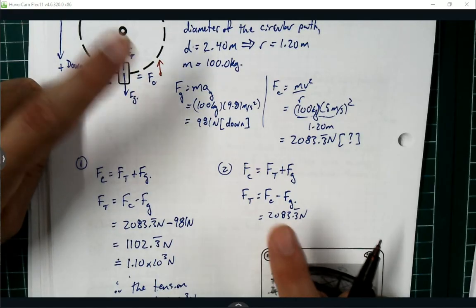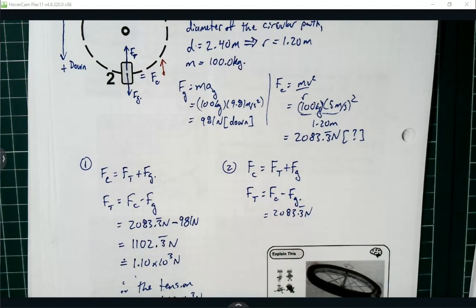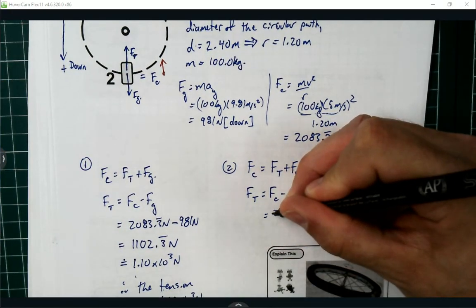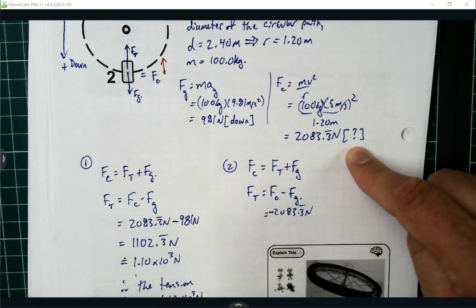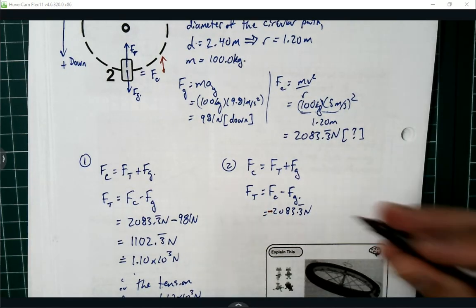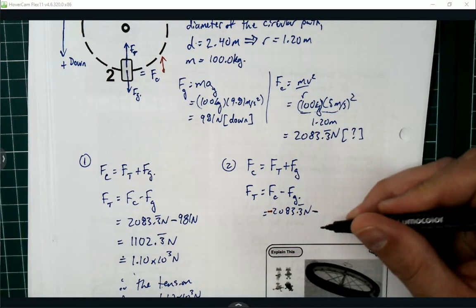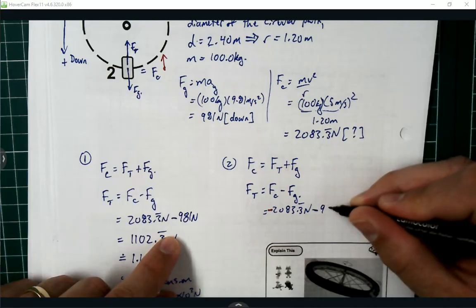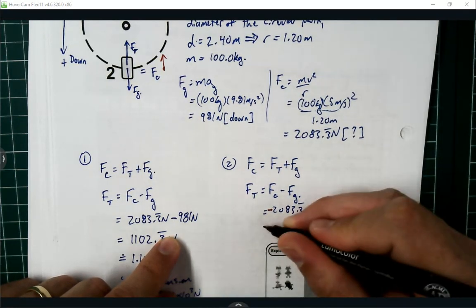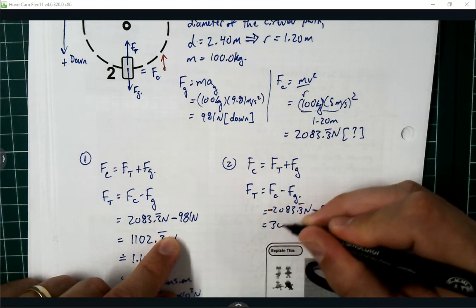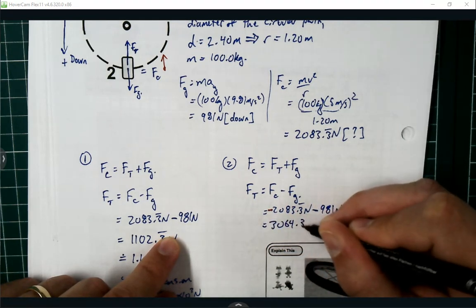So when I sub it in, you guys voted to put the negative sign in when the value comes in. It's got to come in now because it's going upwards now. Okay? Minus FG. FG was 981 newtons. It's still down. Down is still positive. And this time I get 3064.3 repeated newtons.